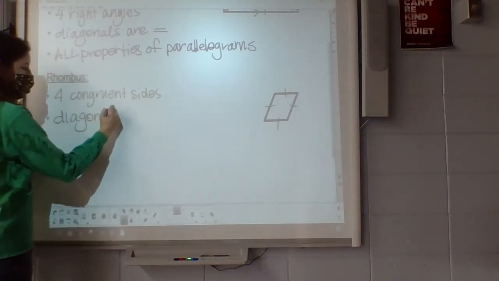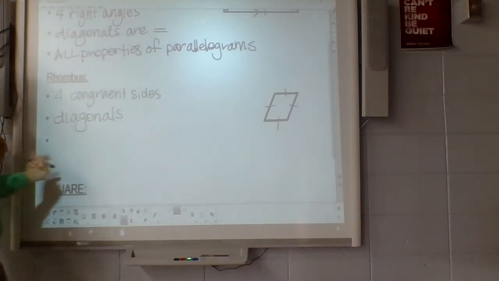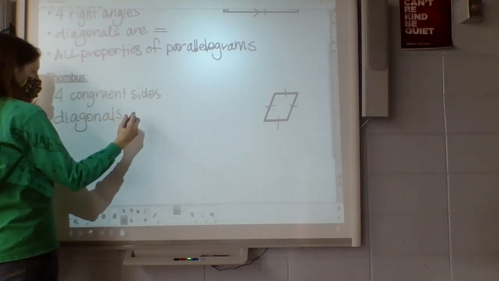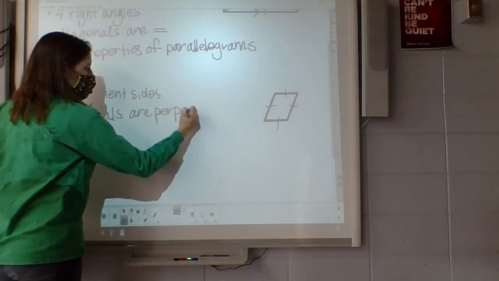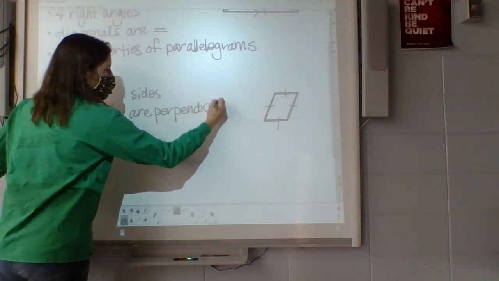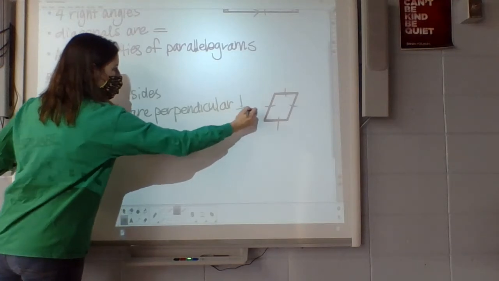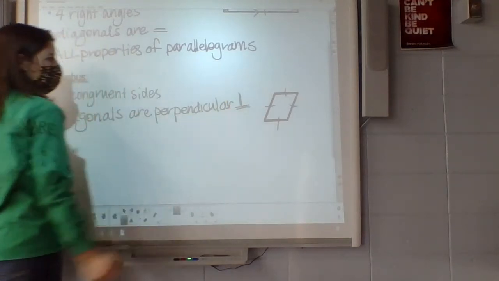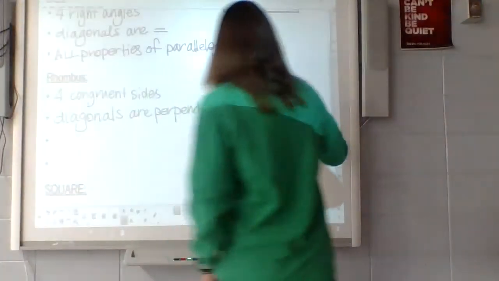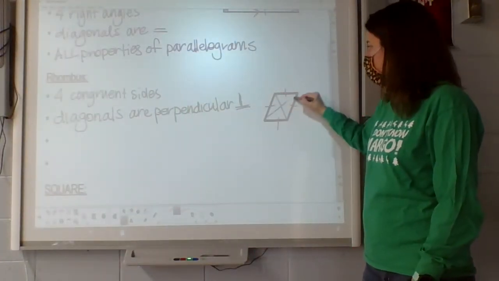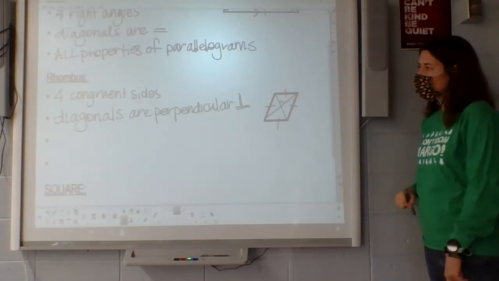Again, we just wrote that down up on the top, but there's a lot to remember, so it doesn't hurt to rewrite it. Don't forget that the symbol for perpendicular is the upside down T, just in case you see that somewhere and you forgot about it. So the diagonals are perpendicular, but the diagonals also bisect the angles.